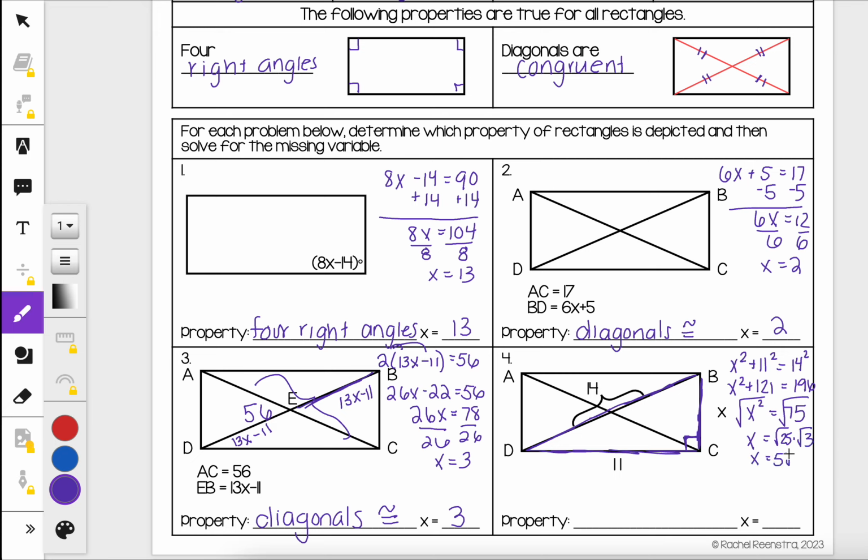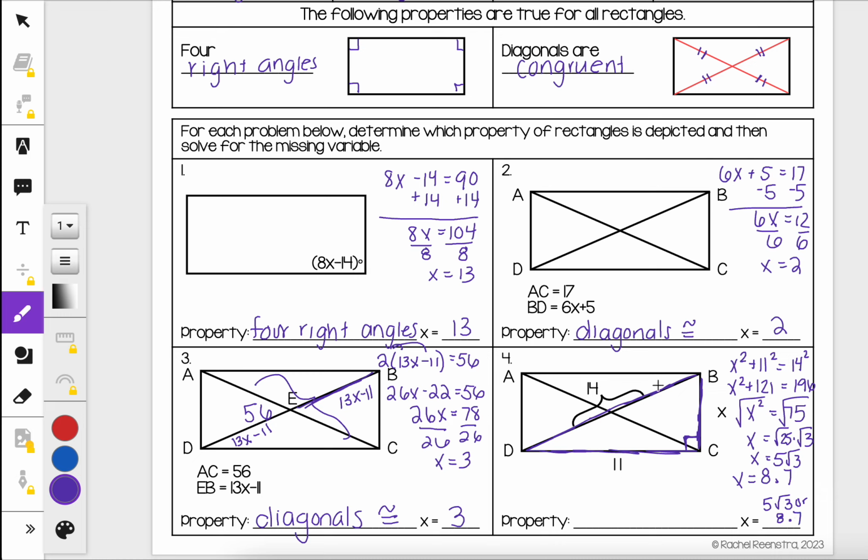So x equals 5 times the square root of 3. Or if your teacher lets you plug it into a calculator and get a decimal, x would equal 8.7. All right, so either one of those answers, I'm going to put both of them there. So 5 root 3 or 8.7.